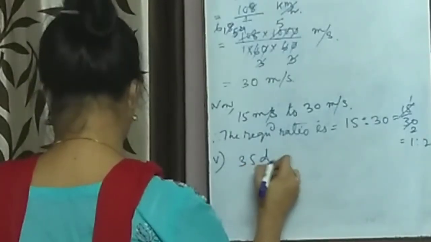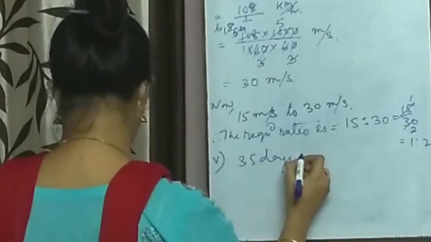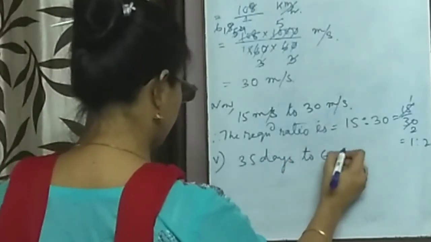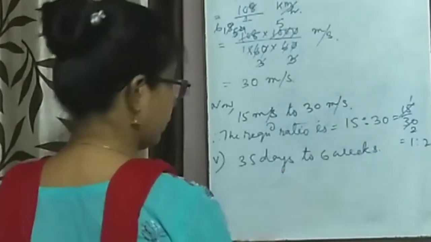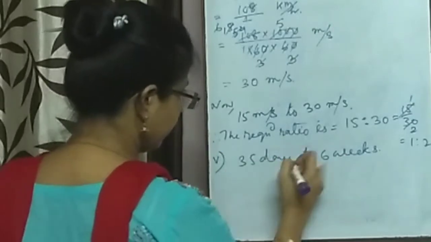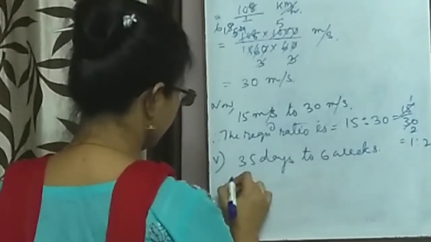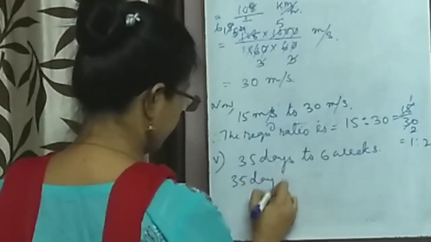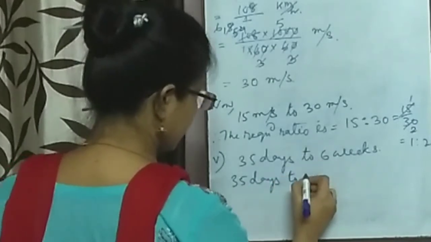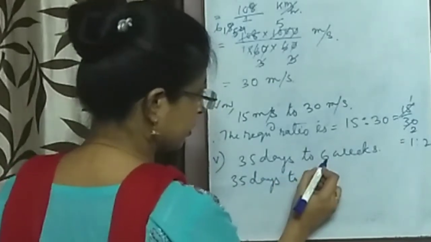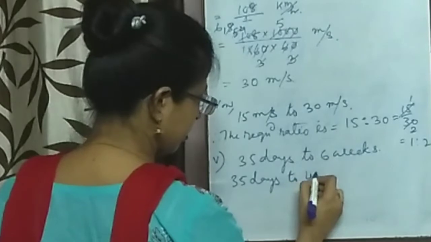35 days to 6 weeks. So days and weeks. These weeks you convert into days. How can it be converted? You multiply it by 7.